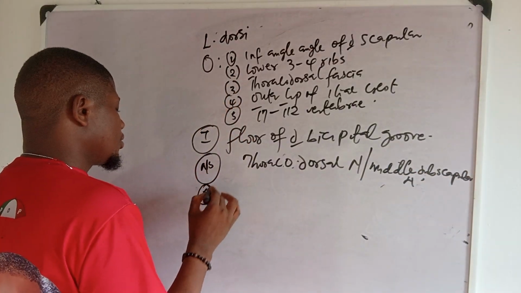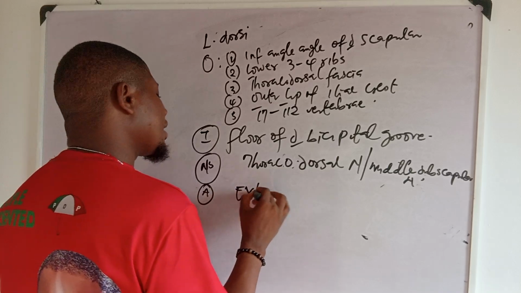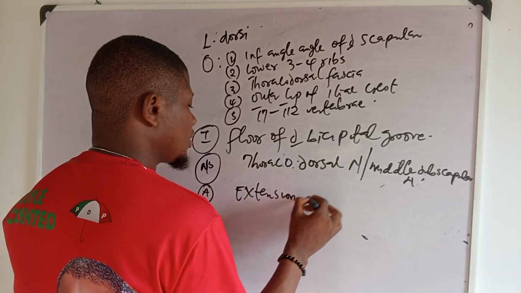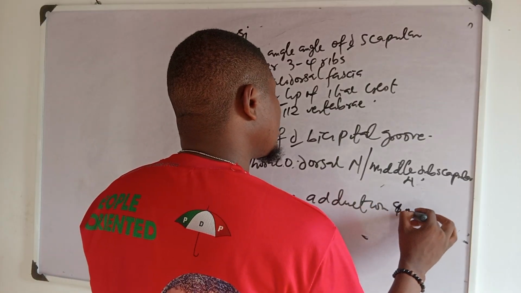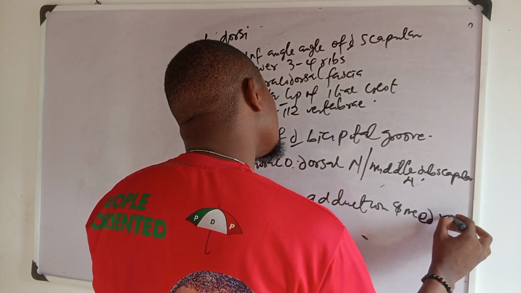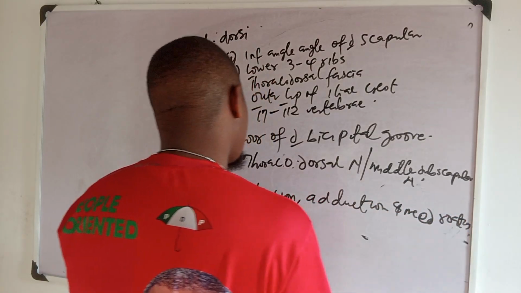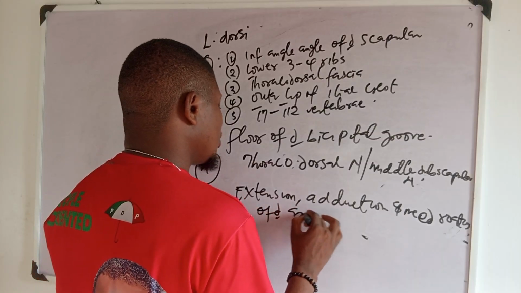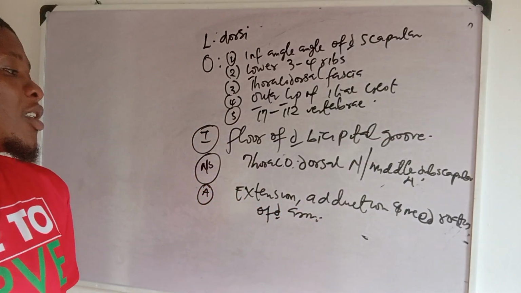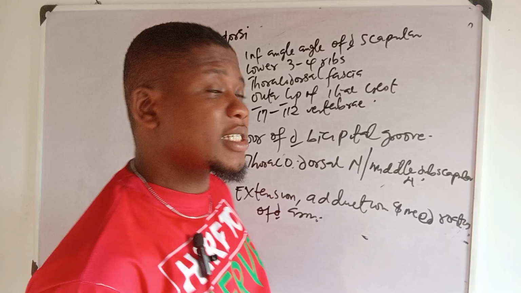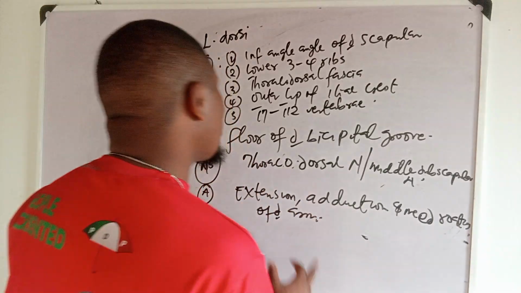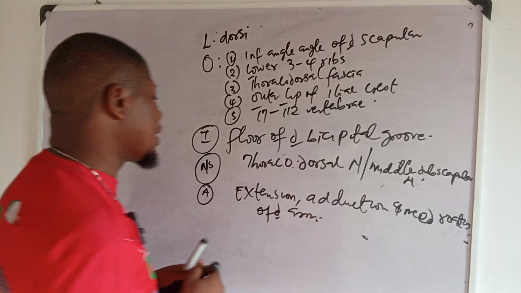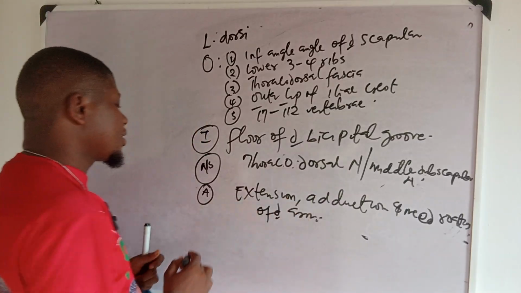Then action is extension, adduction, and medial rotation of the arm. So one thing you have to know is that all those three muscles that attach at the bicipital groove, whether laterally, floor, or medially, all of them do adduction and medial rotation of the arm. Then in addition, this one does this.